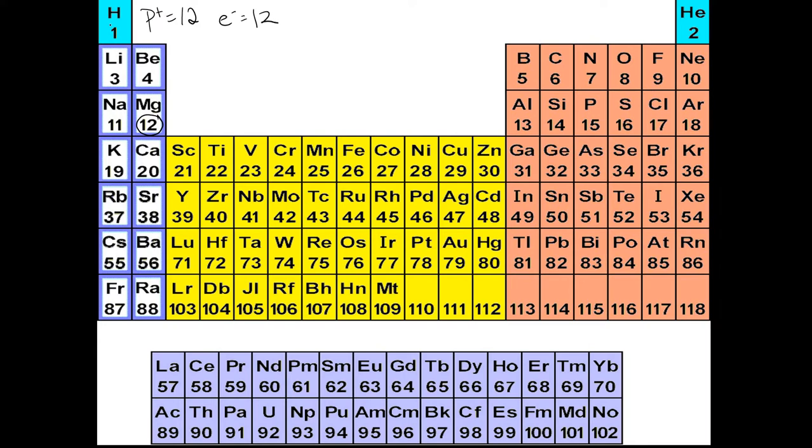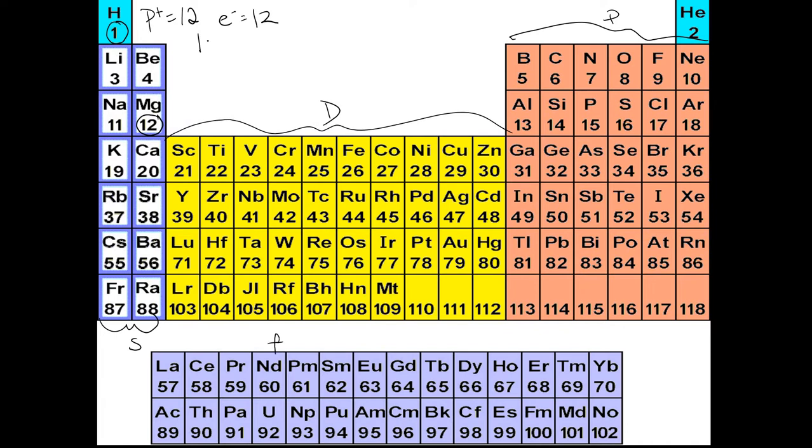So again, we're always going to start at the beginning. So we're going to start with our first electron. And our first electron is found in our first energy level, because we always fill from closest to the nucleus outwards. So we have 1, and then we're in the S block. If you remember, these purple right here are the S, these red over here are the P, these yellow are the D, and then down here are the F groups.